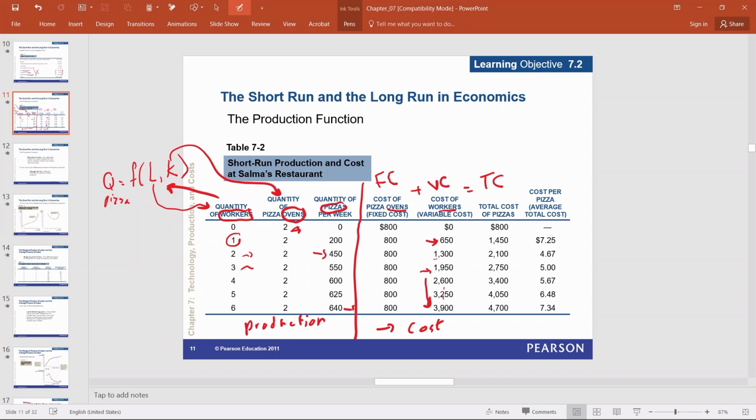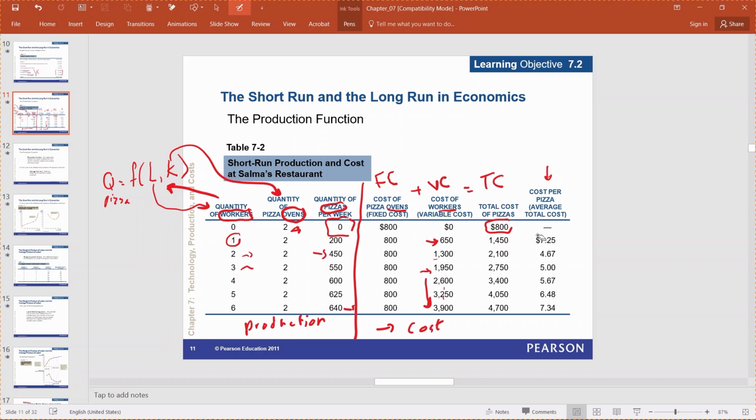Now for this column, we have a new concept, which is an easy one. It is called average total cost. Here you have to divide total cost over total output. So this is total cost and this is total output at each production level.